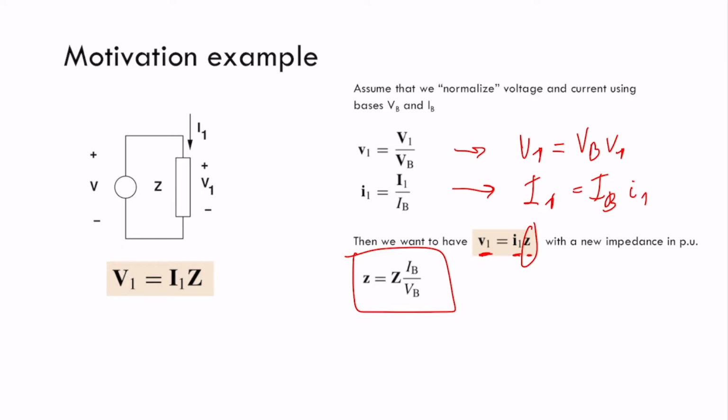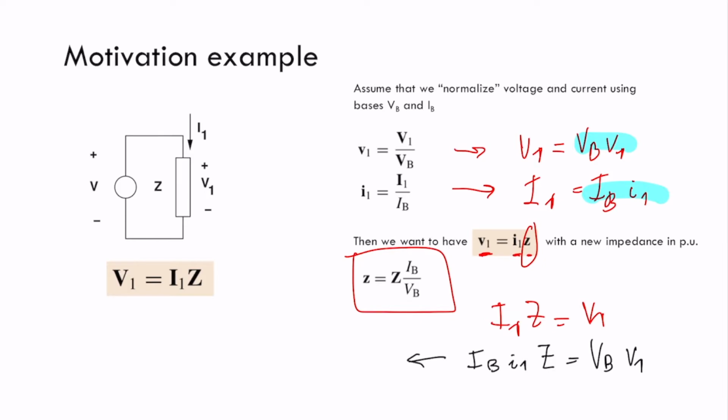So if we say I want V1 equal to I times C, then if you replace here, I have the base of the current times little i, times capital C, equal to the base of the voltage times little v.